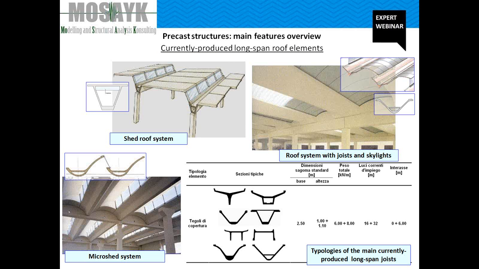Common type of long span roof element, representing a classical Italian production of roof beam that can reach up to 32-33 meters long. We must be careful for sure which kind of connection should be used at the end of the beam. Usually it is simply supported on a few centimeters, but we will see later.